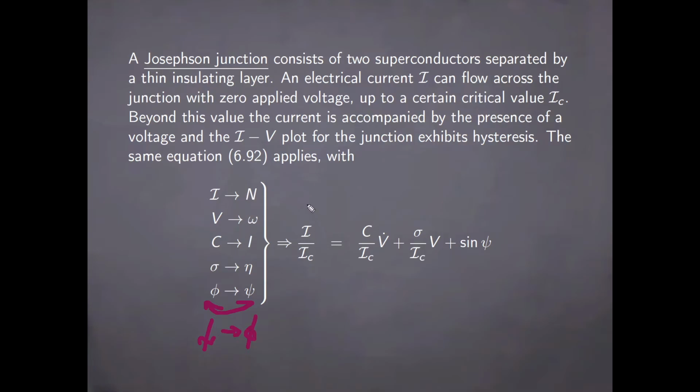With these associations we can write the equation of motion for the Josephson junction analogously to the equation for the damped driven pendulum. It has the same structure, but the physical quantities in the case of the junction correspond to the mechanical ones for the pendulum through these relations.